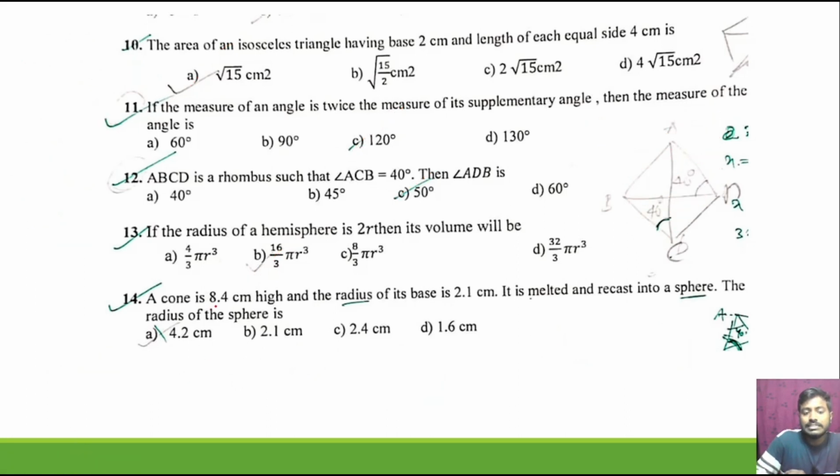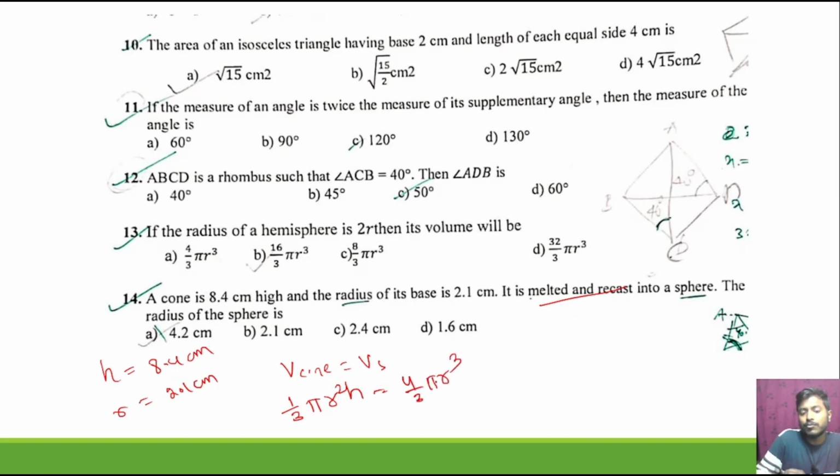A cone is 8.4 centimeter high, means h equal to 8.4 centimeter. Radius r equal to 2.1 centimeter. It is melted into a sphere, means the volume of the cone is equal to the volume of the sphere. Now put the formula: volume of the cone equal to 1 by 3 pi r square h is equal to volume of the sphere equal to 4 by 3 pi r cube.